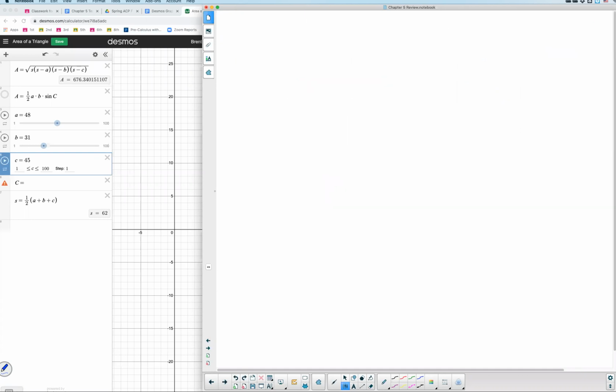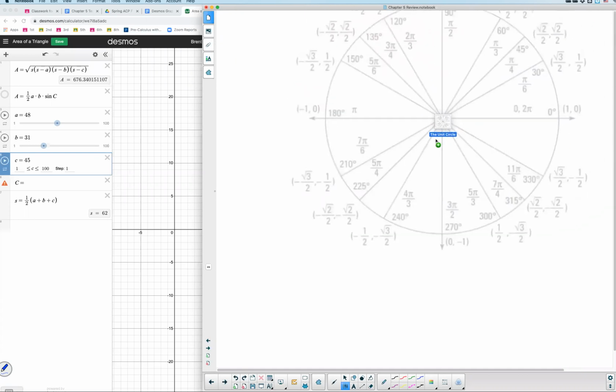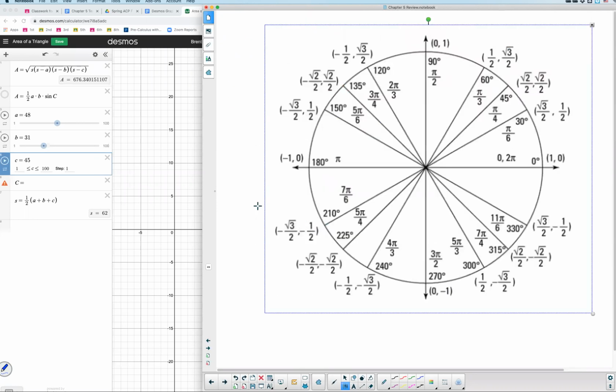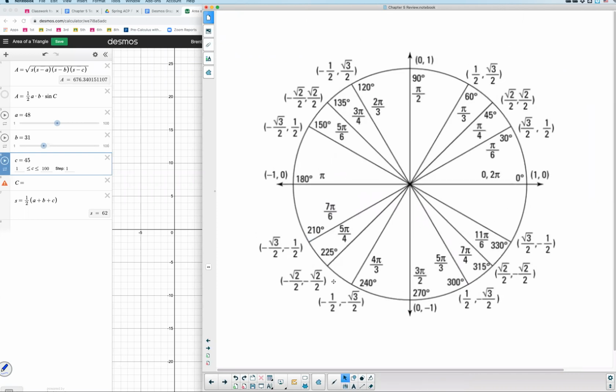I'm going to give you a slide here. What number are we on? 16, I think. Yeah, 16. For number 16 here, I'm going to get the point at 120 degrees. It said P is rotated 120 degrees. Here's my point.